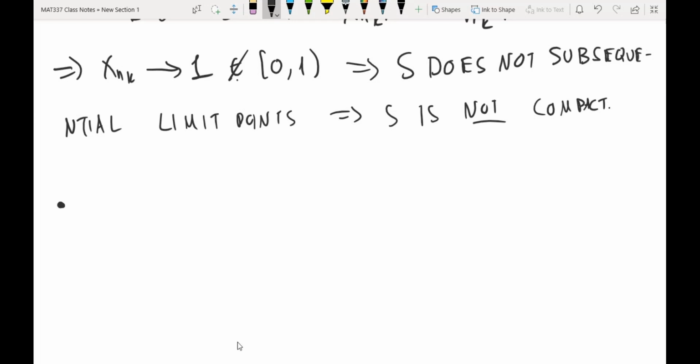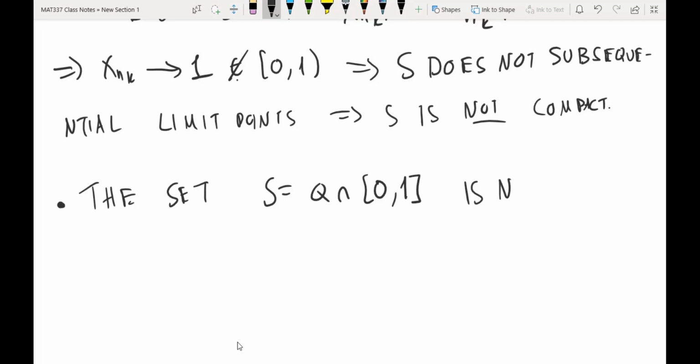Yeah, it's a bit tricky. So the set of rationals intersect [0,1] is also not compact, for the same reason.